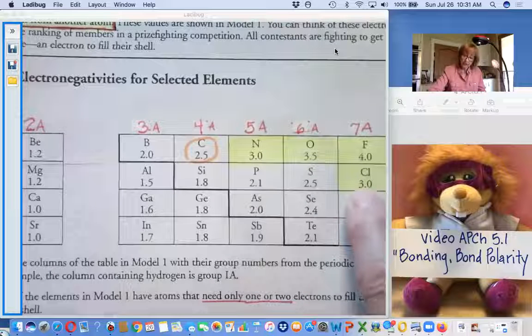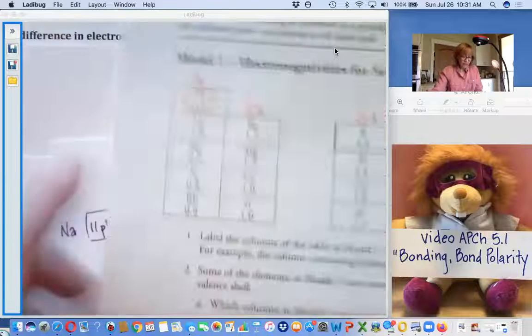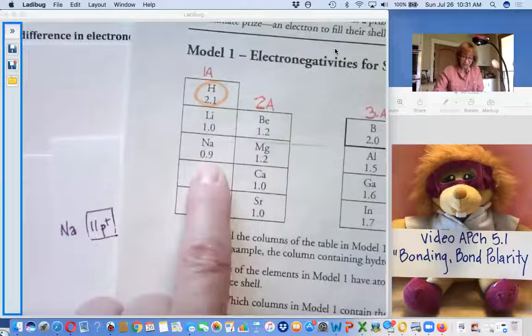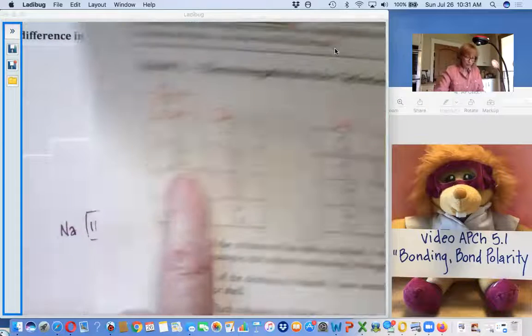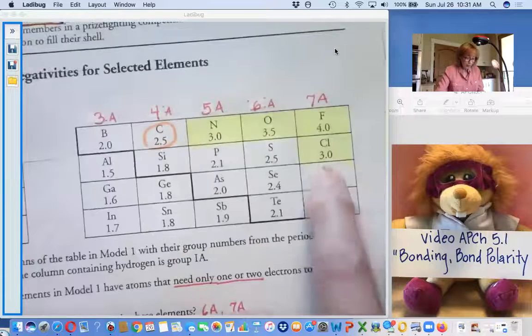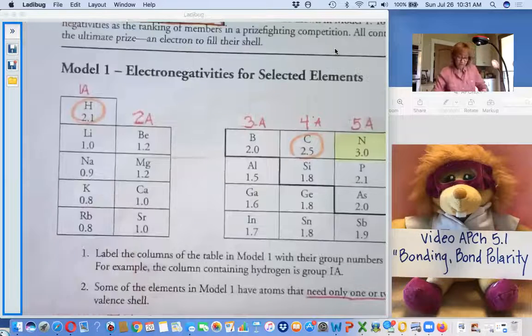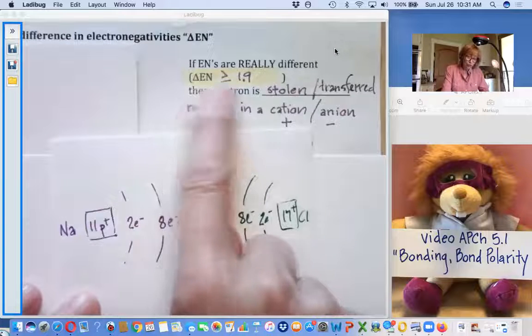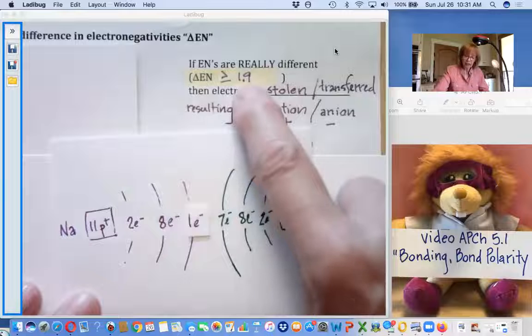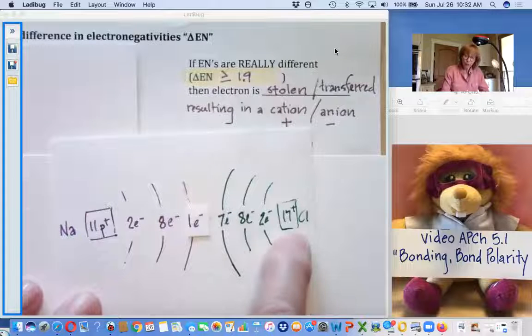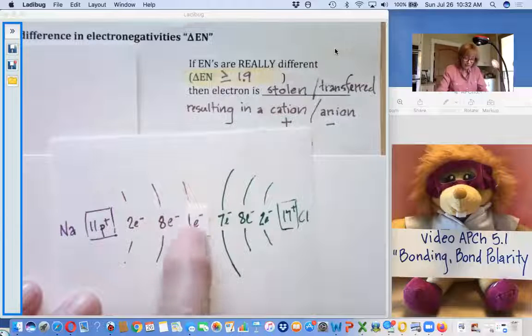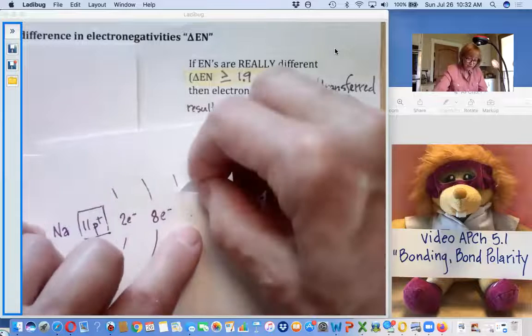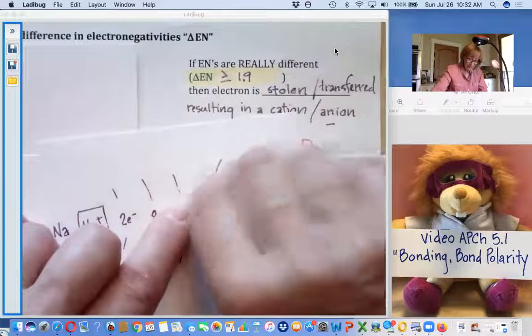Here we have chlorine, electronegativity 3.0, and we have sodium, electronegativity 0.9. The difference between those two electronegativities, 3.0 and 0.9, is 2.1. So that's definitely a difference greater than this cutoff value. The electronegativity of chlorine is so great that it's going to flat out capture this electron and claim it as its own.